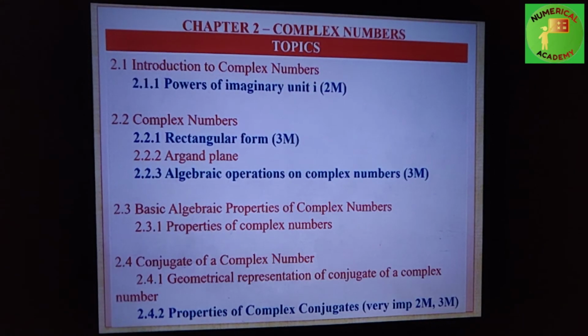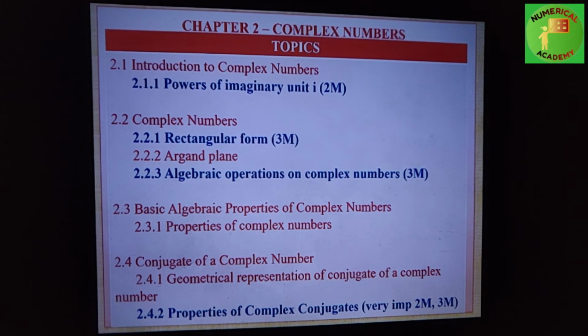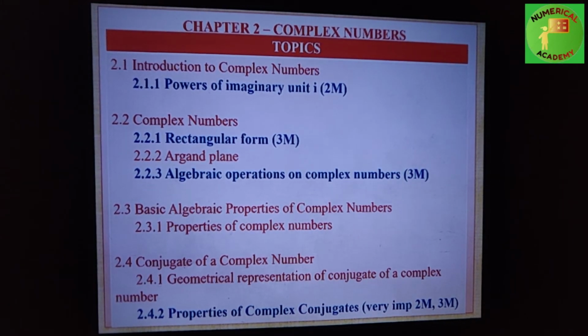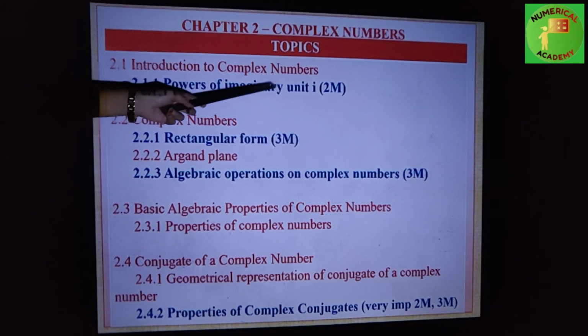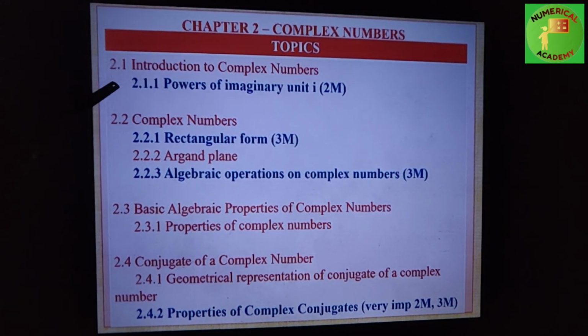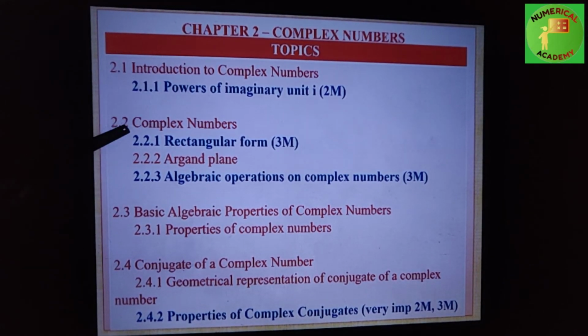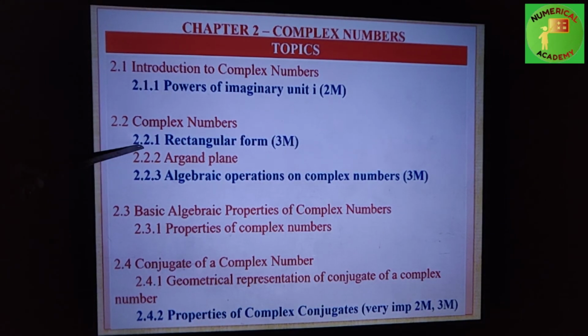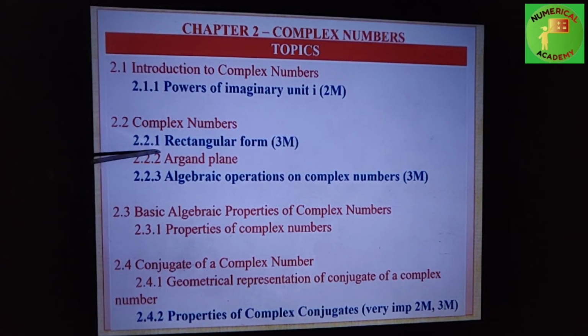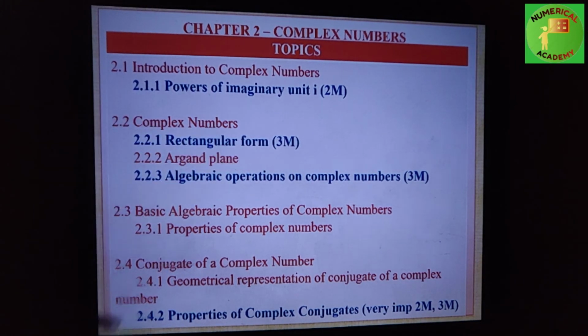Now let's discuss chapter 2, which is complex numbers. In chapter 2, 2.1.1, powers of imaginary unit i, is an important 2-mark question. Then 2.2, complex numbers. Under that we have 3 subtopics. In those, you have to concentrate on 2.2.1, rectangular form, which is a 3-mark question.